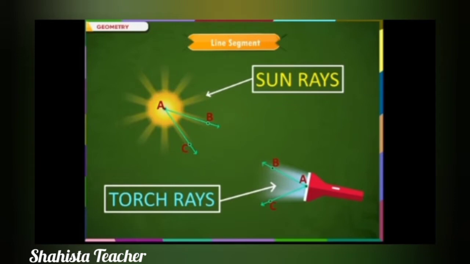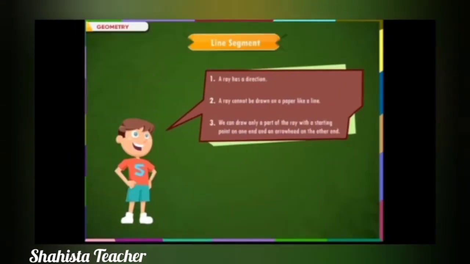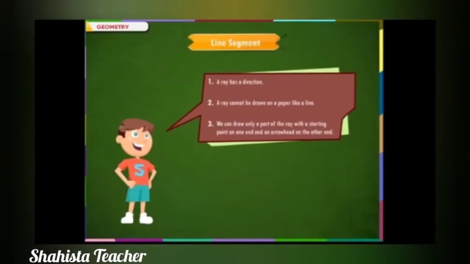If we put a point B here, we can say that this is ray AB, and this is written as ray AB. Remember, a ray has a direction. A ray cannot be drawn on a paper like a line. We can draw only a part of the ray with a starting point at one end, and an arrow on the other end.